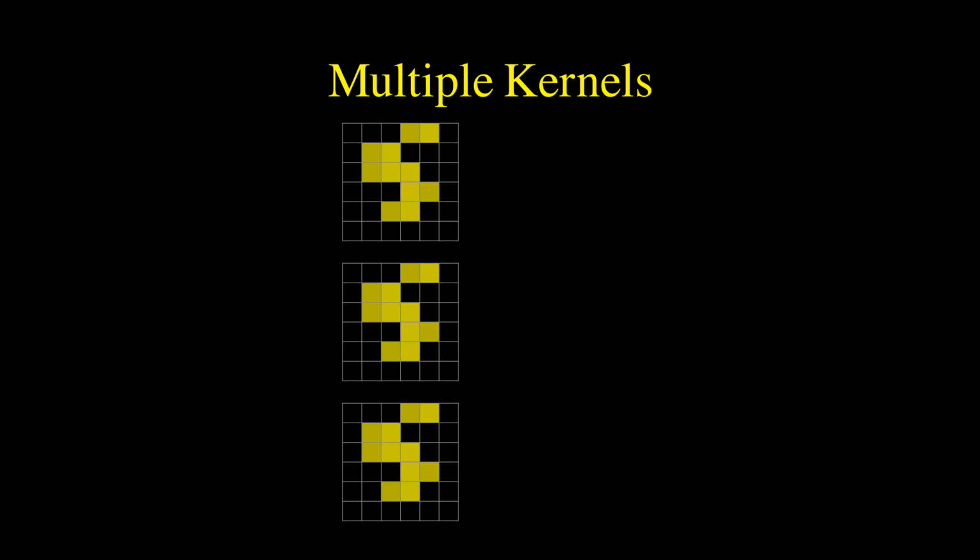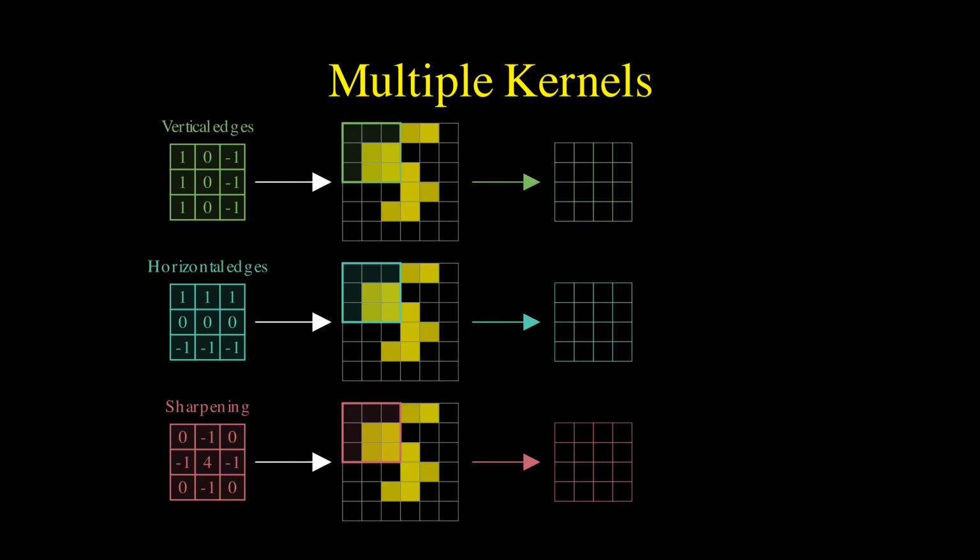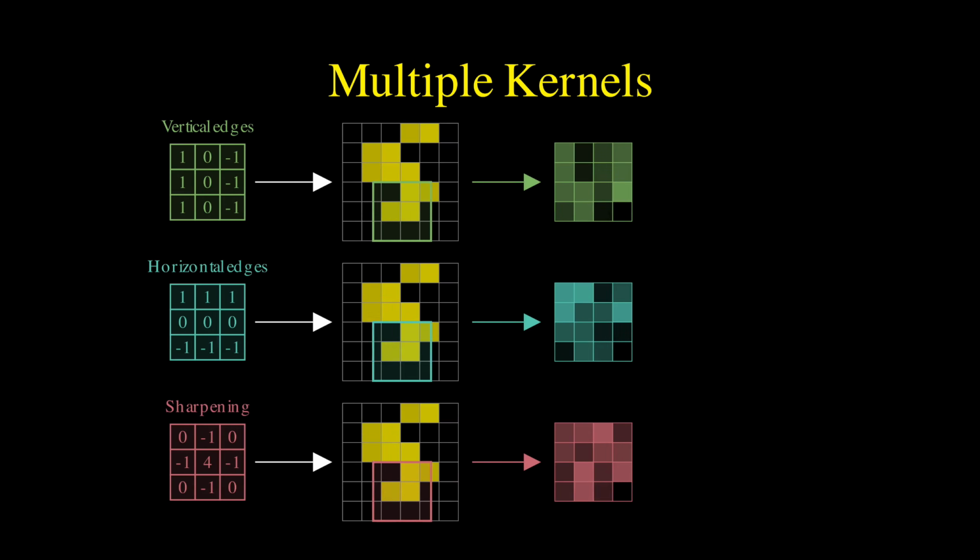Now, one kernel detects one type of pattern, maybe vertical edges or horizontal gradients, but we want to detect many different features. So what do we do? We use multiple kernels. Each one slides across the same input image independently, and each one produces its own 2D output. Then we simply stack all these outputs together.